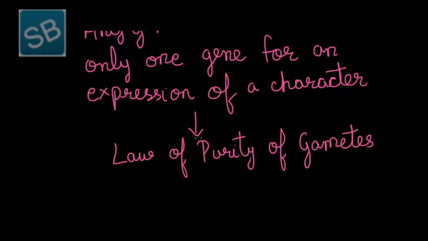Thus, it was on this basis that a pair of contrasting characters, that is, in terms of height, the two contrasting characters tall and dwarf, when brought together in a hybrid, although remained together, did not get mixed with one another. Therefore, when the gametes were formed, only one entered each gamete.